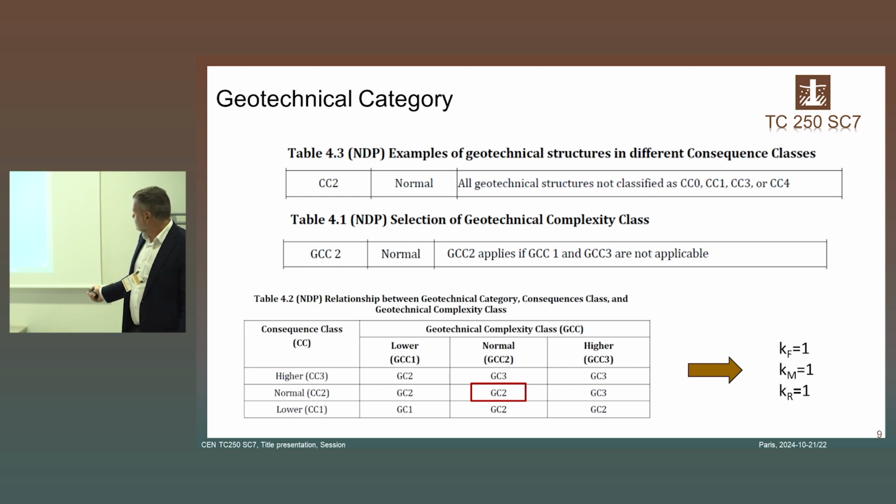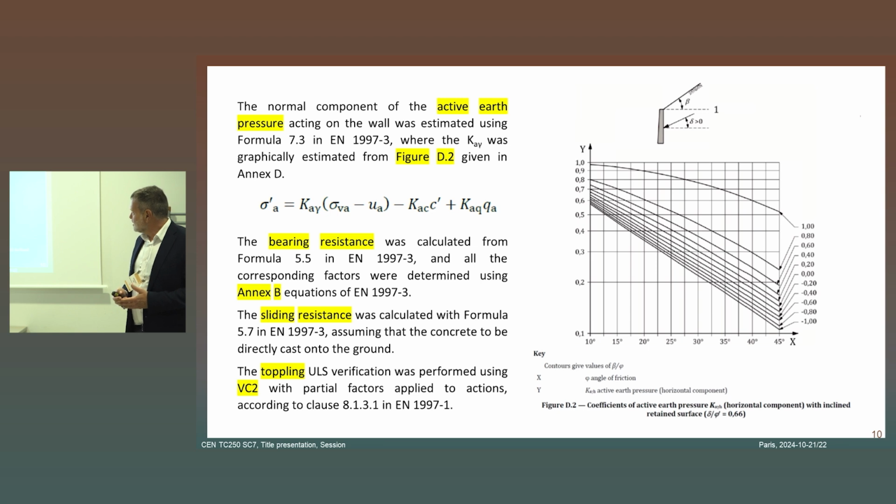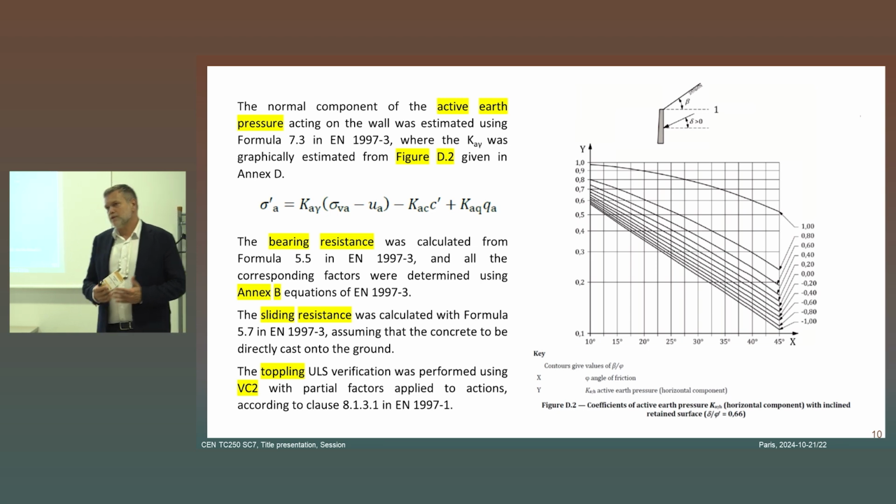So all of these are basically equal to 1, and we can proceed in the evaluation of the action and the resistance of our wall.